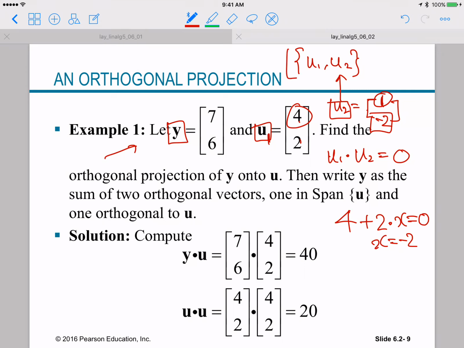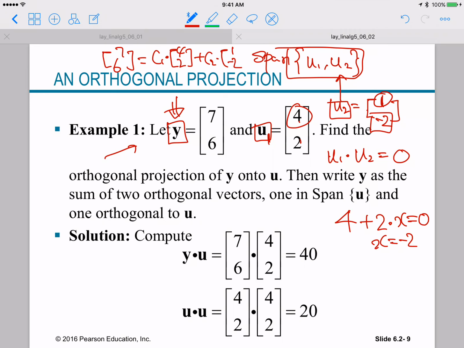And so now we can form this orthogonal set. Let's assume that y was picked from the span of these two vectors. The question is, (7, 6) should be represented as C1 times (4, 2) plus C2 times (1, -2).